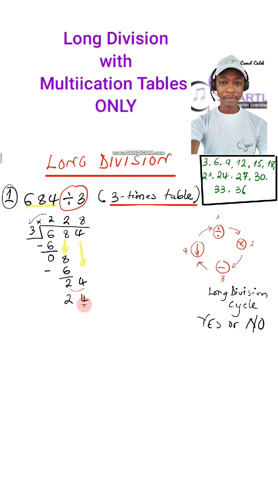And then we go for our subtraction. Third step, subtraction. 4 minus 4, 0. 2 minus 2, 0. And there is no more digit. There are no more digits to bring down. So our problem ends here. Therefore, this right here becomes our answer.